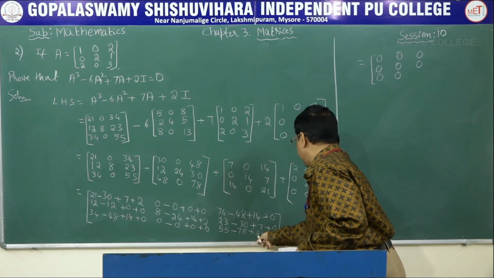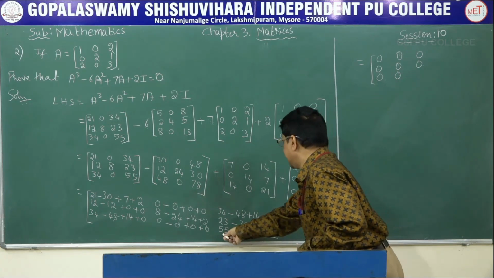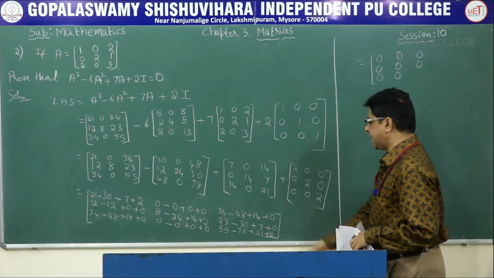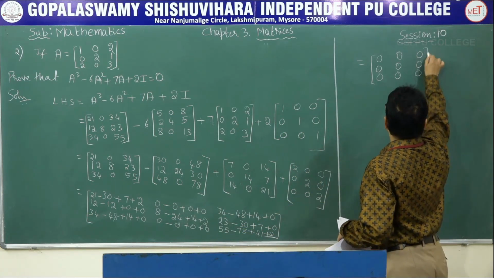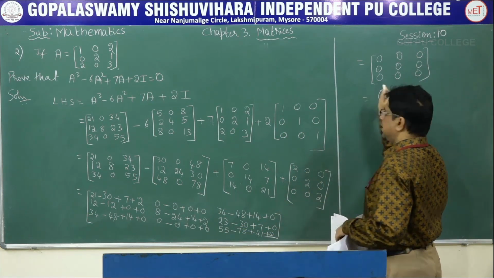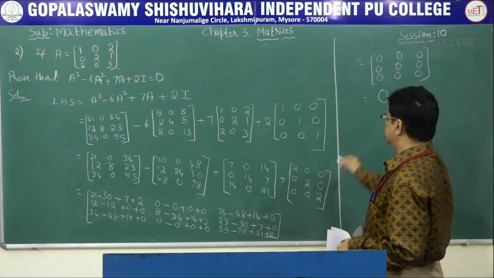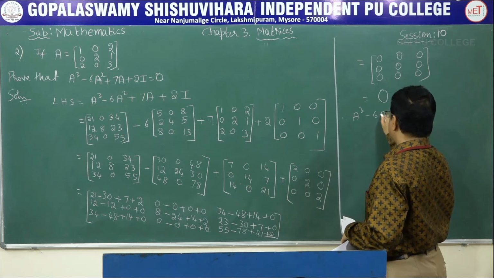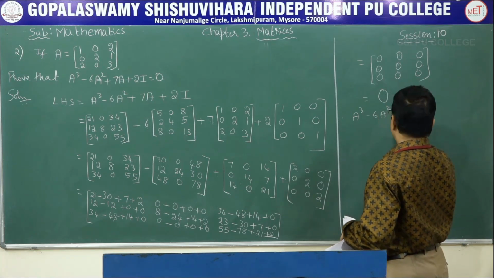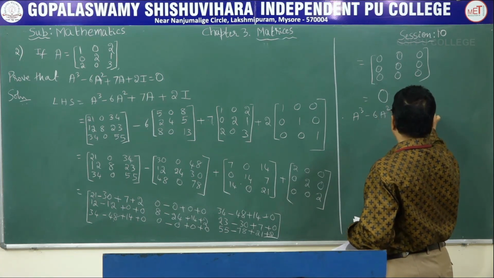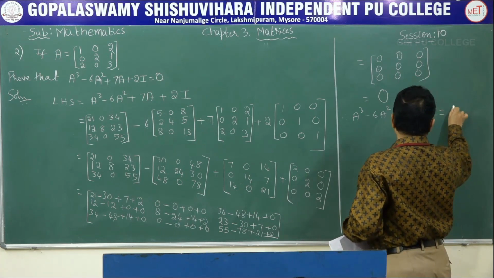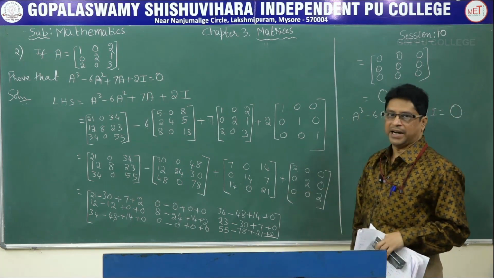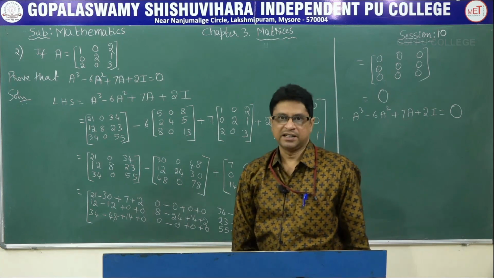So here 21 plus 2, 23, 23 plus 55 is 78, 78 minus 78 is 0. So which is nothing but a 0 matrix. Therefore A cube minus 6A square plus 7A plus 2I will be equal to a null matrix. Okay, thank you.